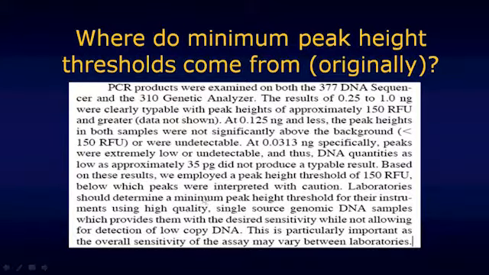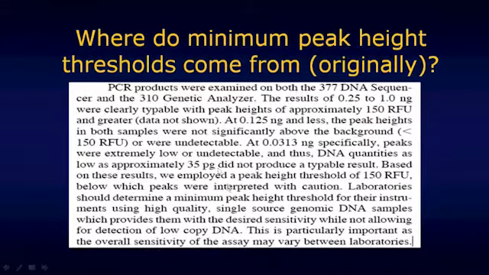In fact, to my knowledge, this is the first time that those words were strung together in a sentence in any sort of document associated with DNA profiling. This paragraph, if you take the time to read it, tells you that the minimum peak height threshold as it was originally conceived was actually intended to do something different than what it's actually been used for over the past 15 or so years that people have been relying upon minimum peak height thresholds.